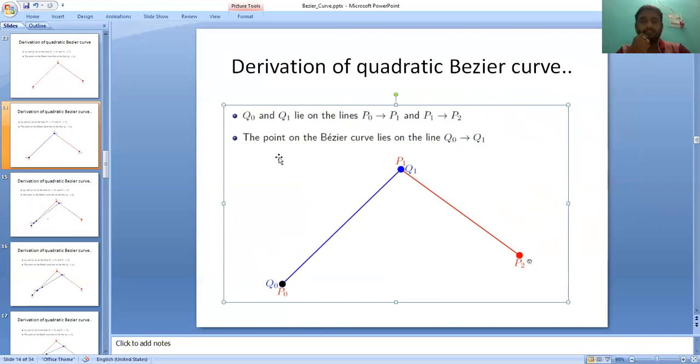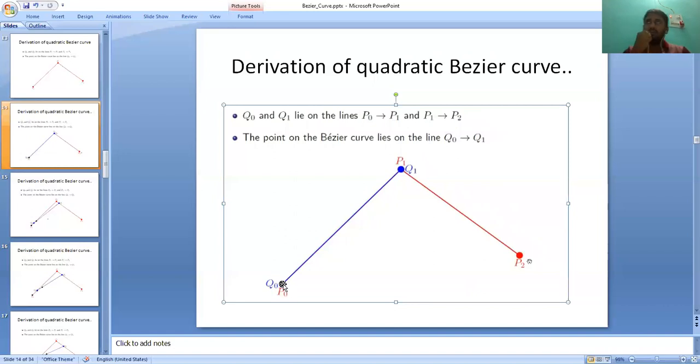Okay. Now initially what we are doing is giving the black color to this point, that is, Q0 is the black color. This is the point on the Bezier curve.